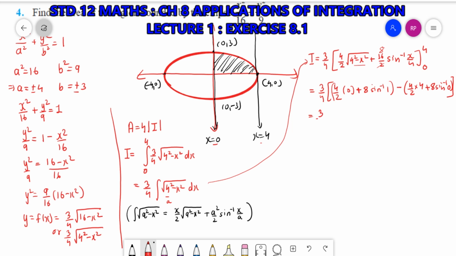This will be equal to 3 by 4, 0 plus 8 sine inverse 1. Value of sine is 1 at pi by 2, so it will be 8 pi by 2 minus 8 sine inverse 0, and the value of sine is 0 at 0.